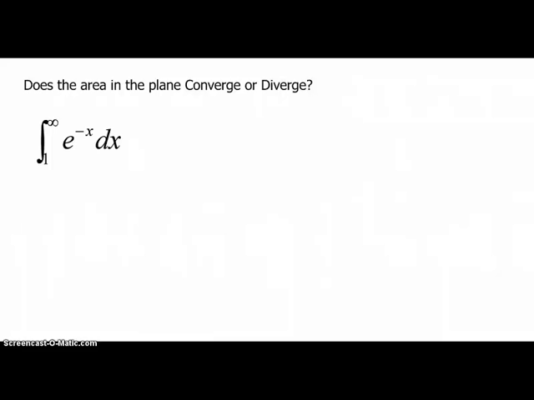All right, so let's just do an example. Does the area in the plane converge or diverge for this improper integral from 1 up to positive infinity between the function e to the negative x and the horizontal axis? Well, this is just a matter of evaluating this improper integral.